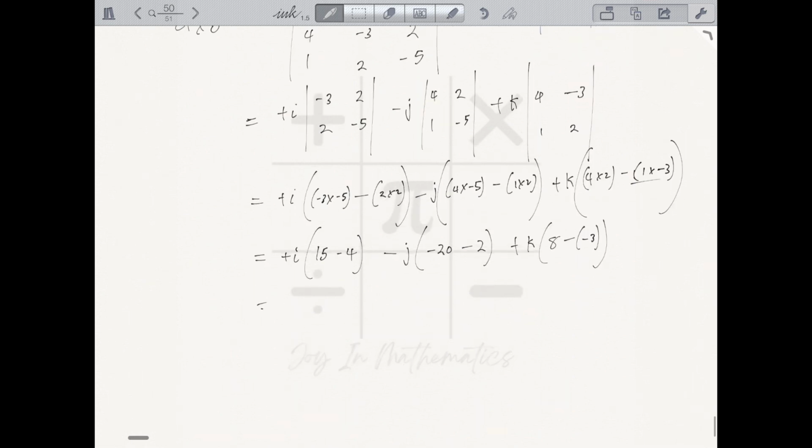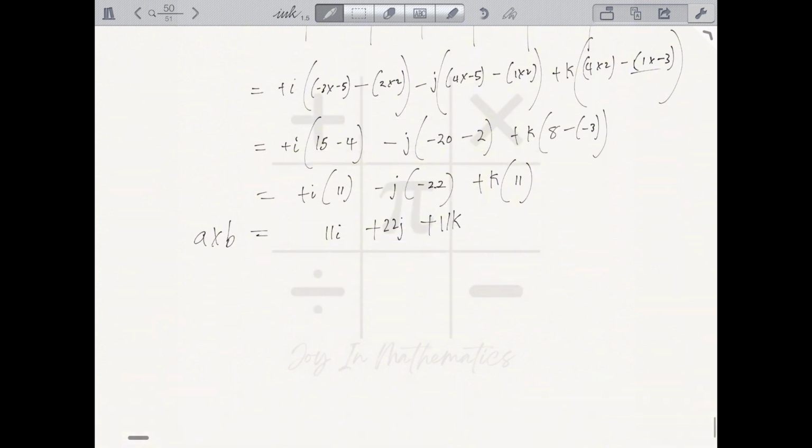If we simplify this all together, we have i into 11, minus j into minus 22, plus k into 11, and resolving this, we have 11i plus 22j plus 11k. So this is A cross B.